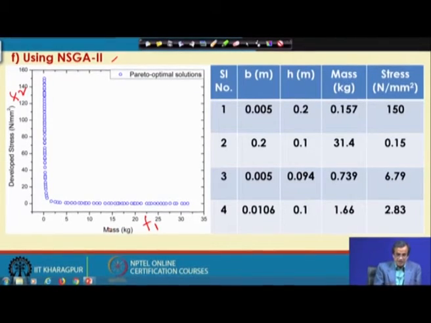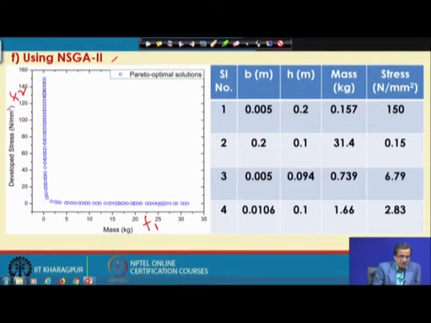So, these two objectives conflict with each other, and if I use this NSGA-2 through a large number of iterations, gradually it will try to find out this type of Pareto optimal front of solution.